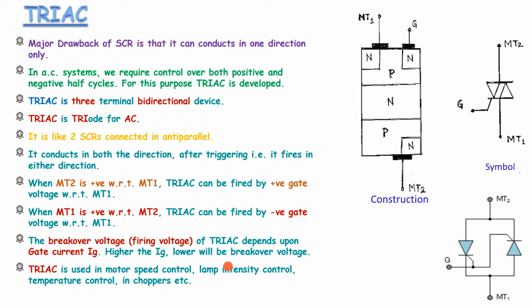I have taken a few samples: it can be used in speed control of a motor, intensity control of a lamp, or, if there is a heating system, the temperature can be controlled, or in a chopper, the output of the chopper can be stabilized. What is interesting is that the TRIAC and DIAC and that control circuitry are used to stabilize and to control automatically.